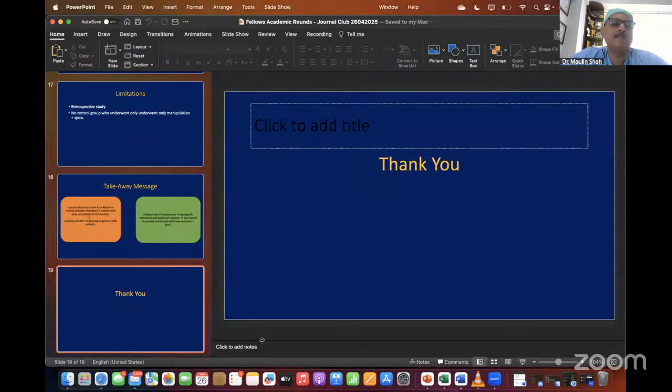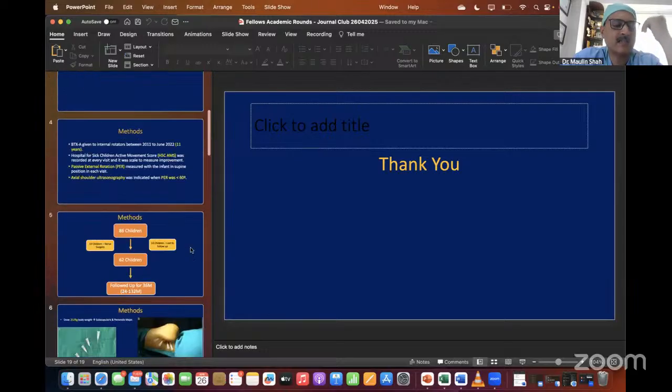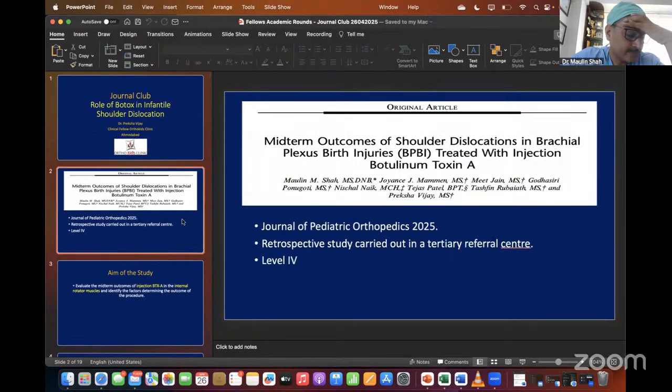Yeah, so Jayanth, your comment again. Jayanth would say that we are here to assess the way the paper has been written rather than reading the content of the paper, but I think they would learn. I remember when I was in SickKids, we were doing a journal club on classification of Perthes disease, and Bob Salter was sitting beside me, and they discussed all Herring's and Salter-Thompson and all.